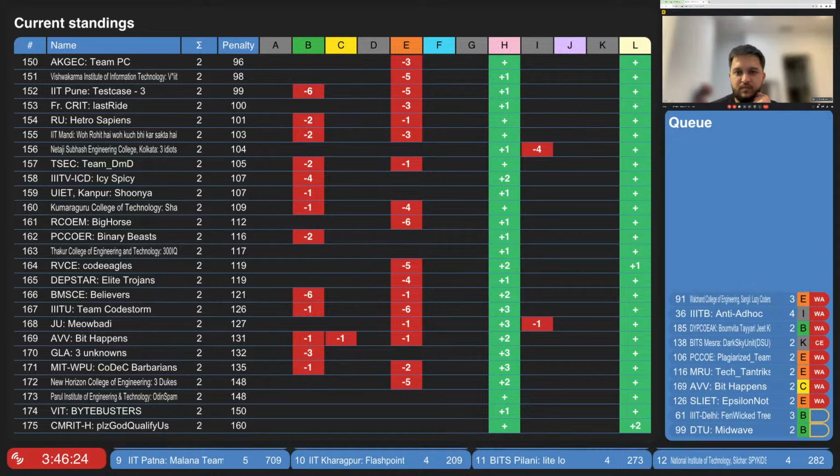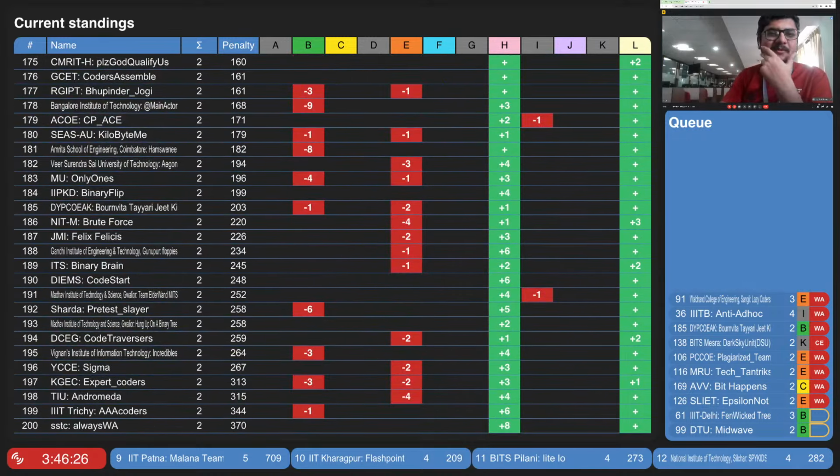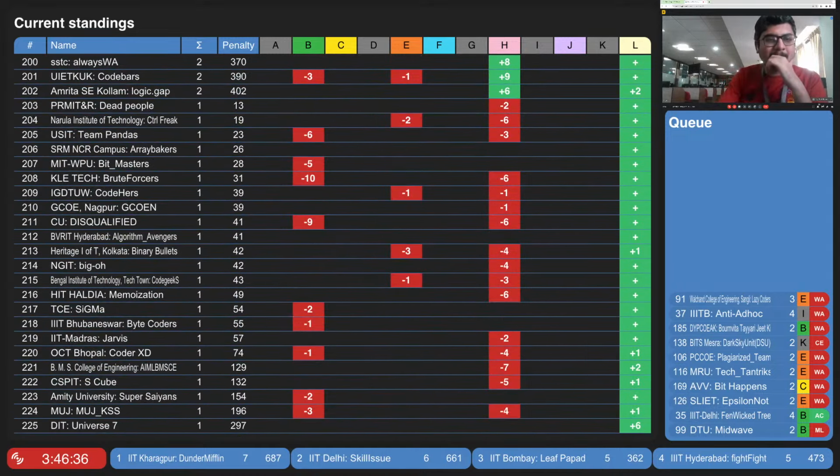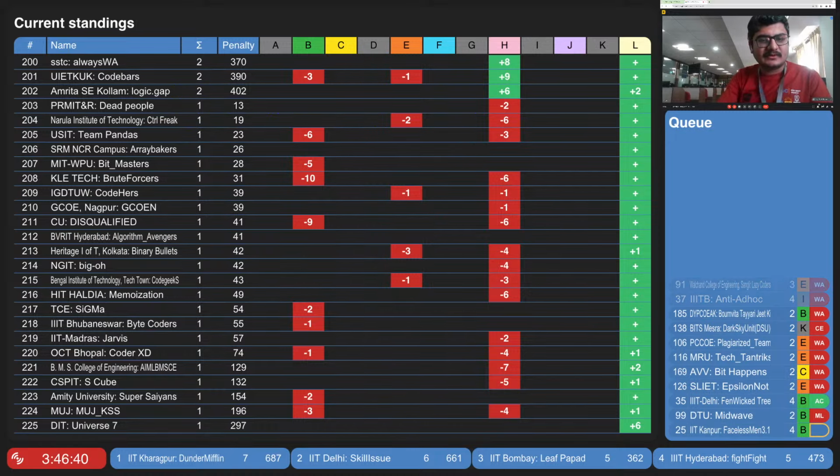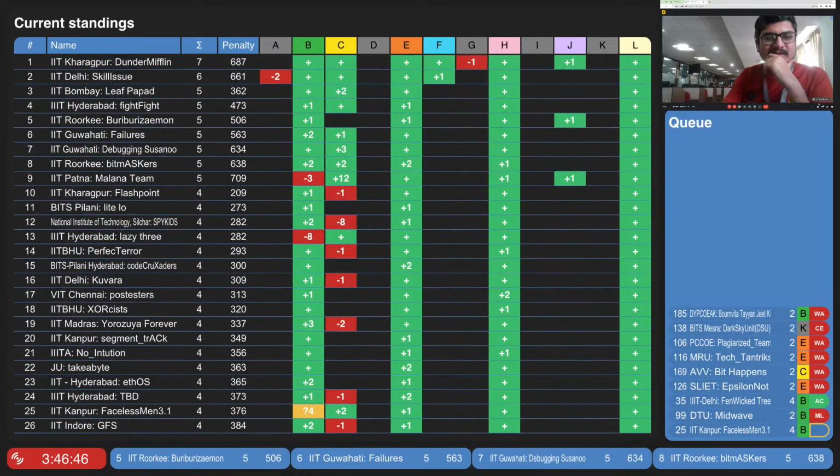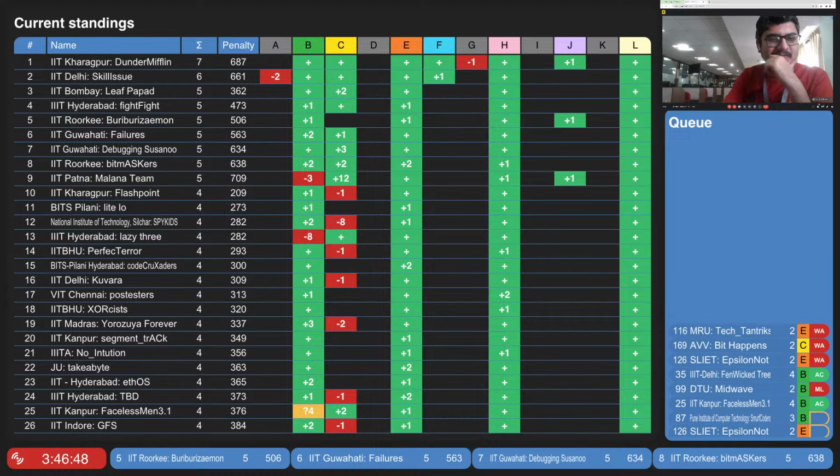I'm pretty sure they have seen problems like this in the past. It's the kind of problem where coding takes longer. Skill issue is getting a runtime error instead of WA, so there is a good chance that they may be able to solve it.